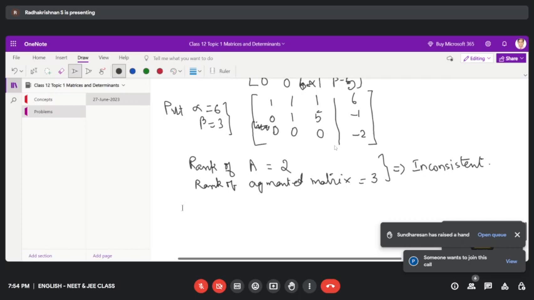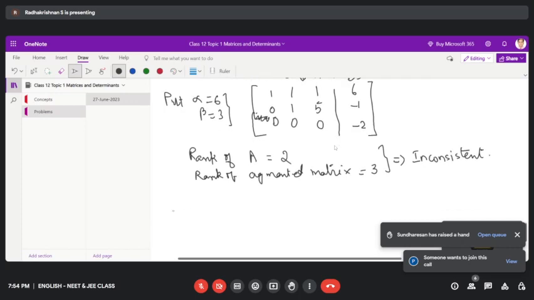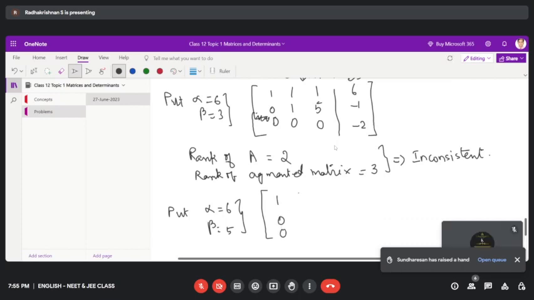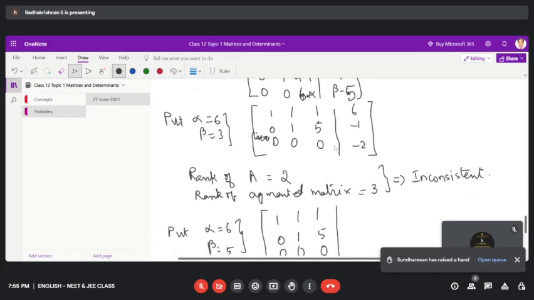Next, what are they given? Put alpha equal to 6 and beta equal to 5. Alpha we are not changing, therefore that will remain the same.